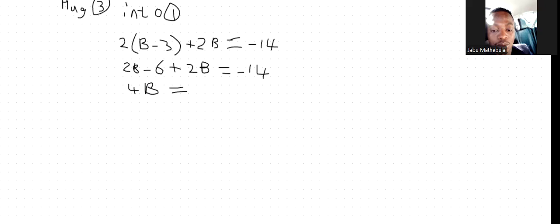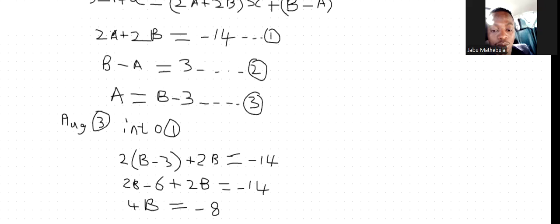And then we divide by the 4, we get that b is negative 2. All right, now that we have the value of b, why don't we take it back into equation 3 to find the value of a?